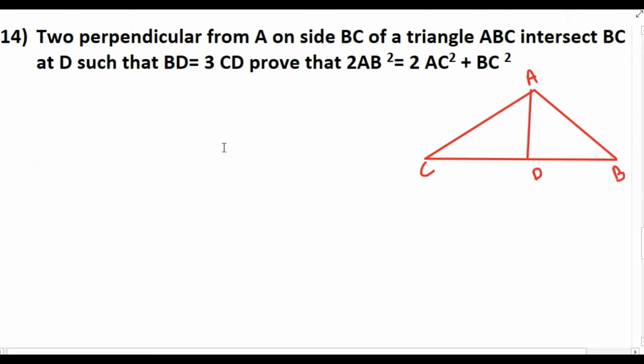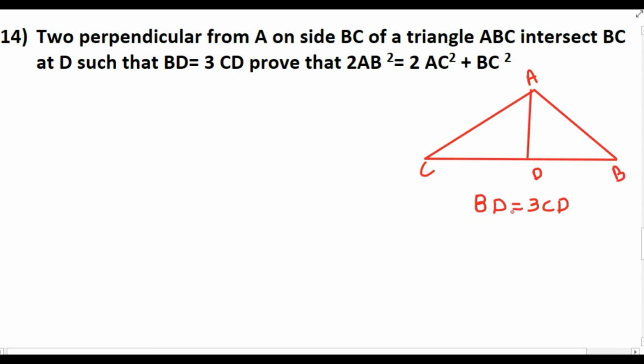Now the next question: the perpendicular from A on the side BC of the triangle ABC intersects BC at D, and they have given the condition BD equal to 3CD. We need to prove this: 2AB square equal to 2AC square plus BC square.